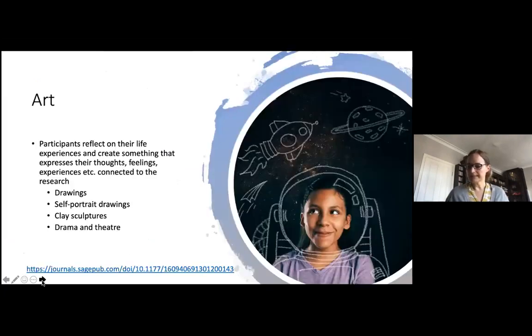Then art is another form of visual method, and that can really be using any kind of medium. But the idea is to get participants to reflect on their life experiences or their outlook on their future, and create something that expresses themselves, or something that's connected to the research that you're doing.